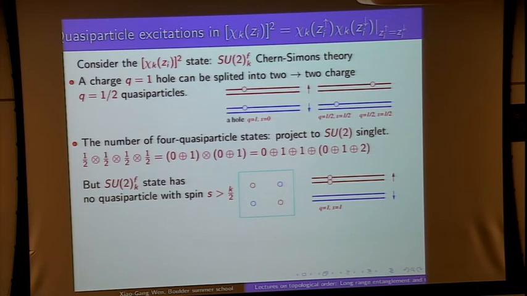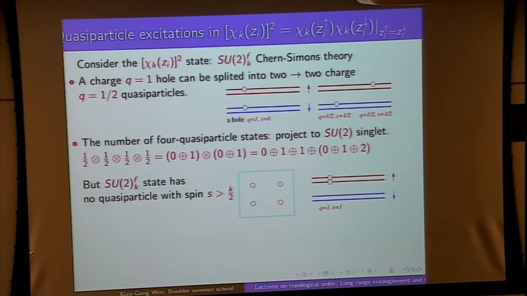What does this look like? When you remove one boson, you actually remove two partons. Here I remove a spin up parton from the top Landau level and a spin down parton from the bottom Landau level. Then we glue these two waveforms together by doing projection. This is a picture describing a hole which has charge 1.